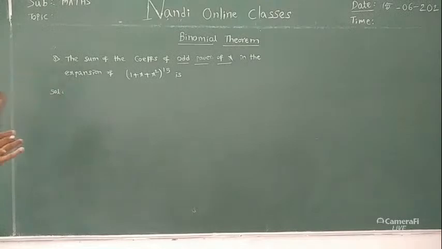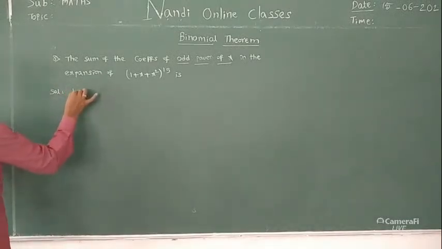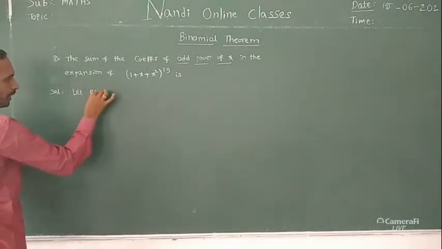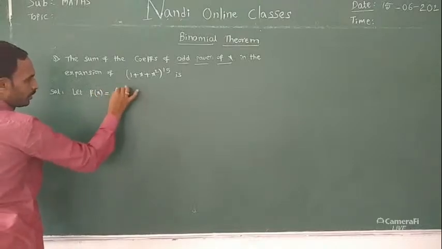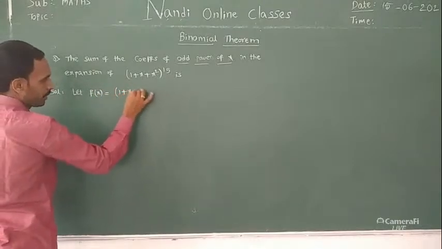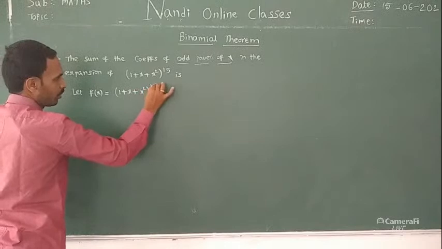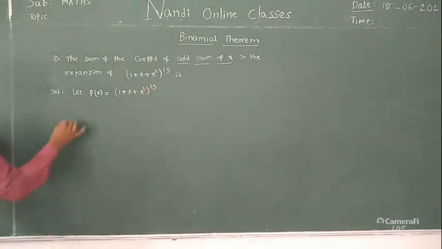So let us assume the given function is f(x). So let f(x) = (1 + x + x²)^15.